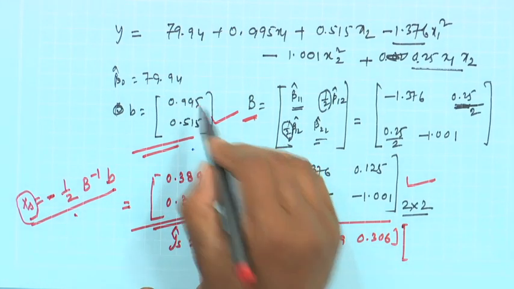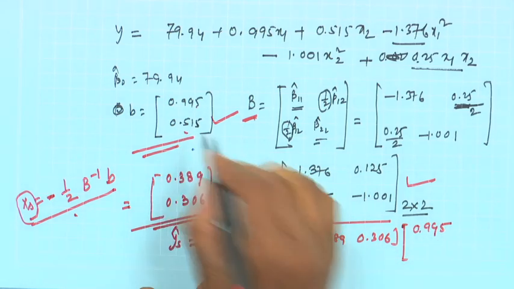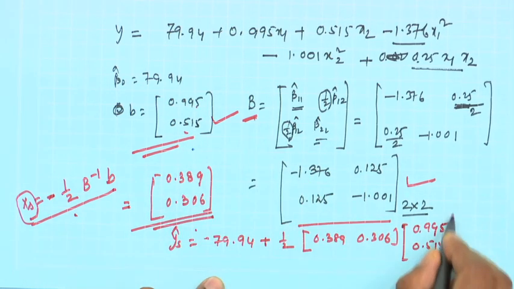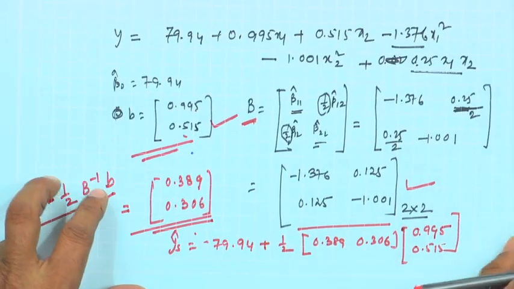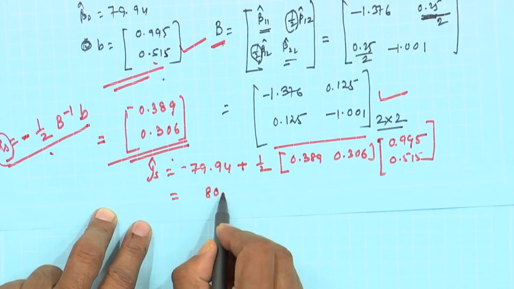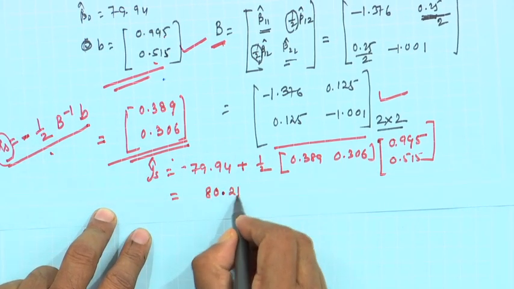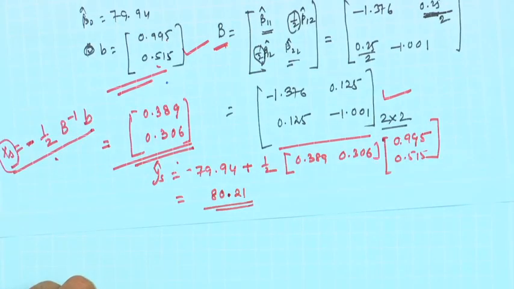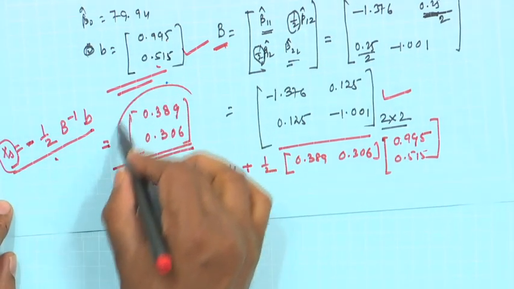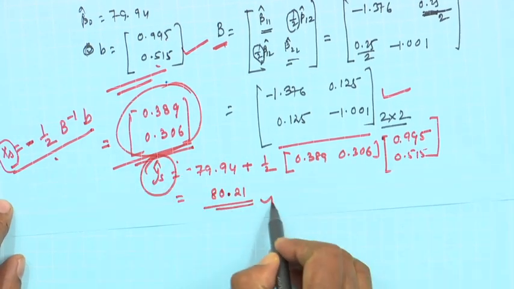What is your b? 0.995 and 0.515. So, this value is 80.21. So, you are getting one end: what is the stationary point, and what is the predicted response at the stationary point.